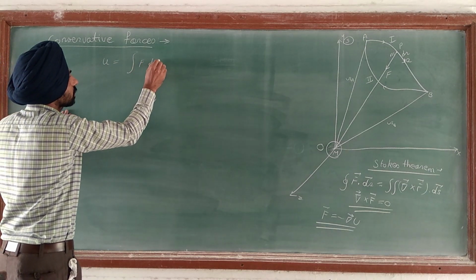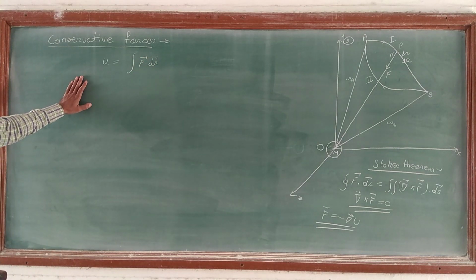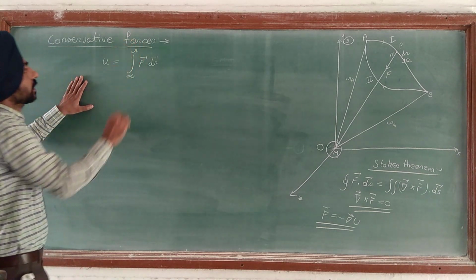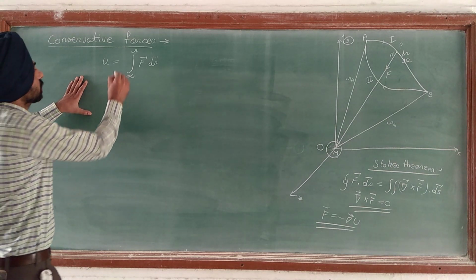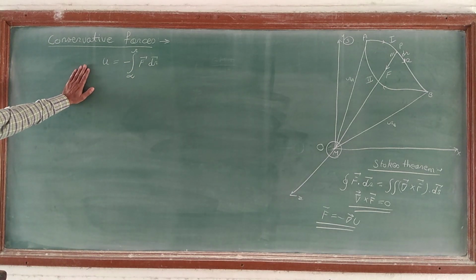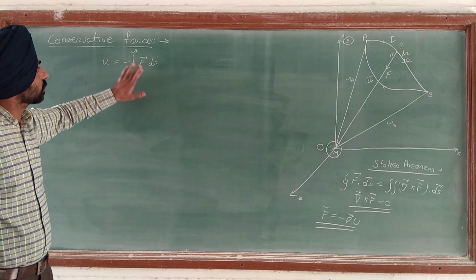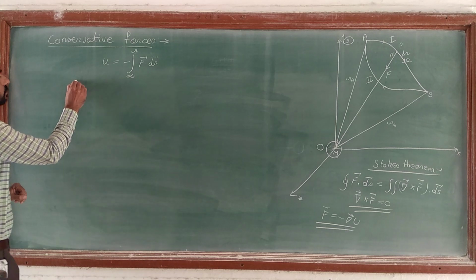F dot dr. Let that point be at position R, against the force field. So by definition we can write mathematically, potential U is equal to minus integral from infinity to R of F dot dr.